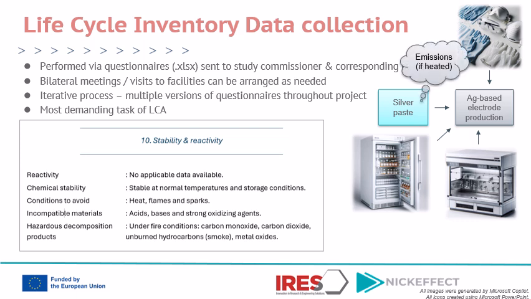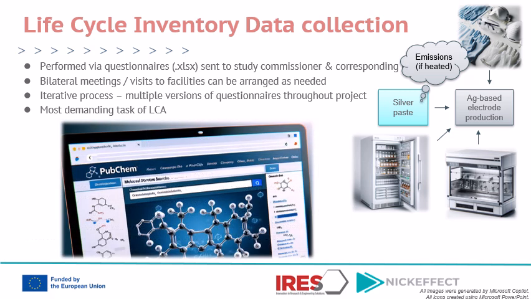So here, for example, I can get potential information about possible emissions of this chemical if it is heated at some point during the production of the electrodes. Not to mention that I can also look up the individual components of the silver paste that we saw before and try to determine whether something might evaporate among the individual components, which I might need to include as an emission in my LCA study.